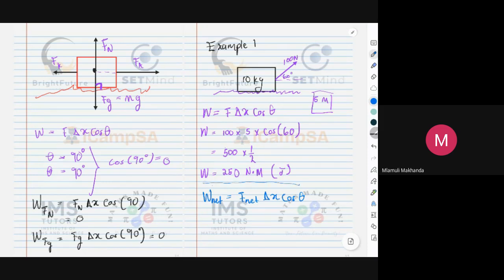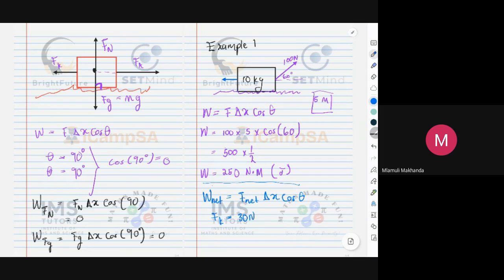So if they want F net, that means we now need to add the work done by friction. Let's say friction Fk is equal to 30 newtons.